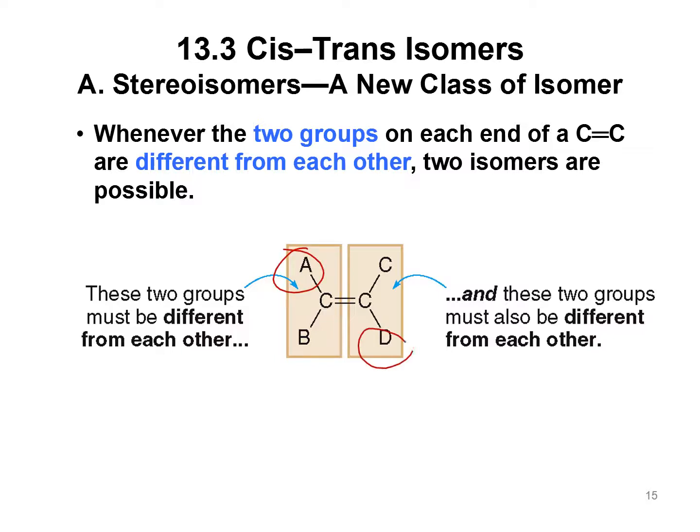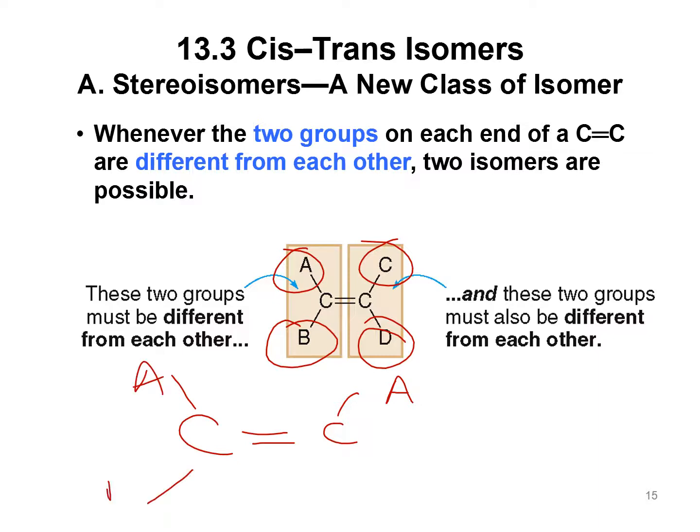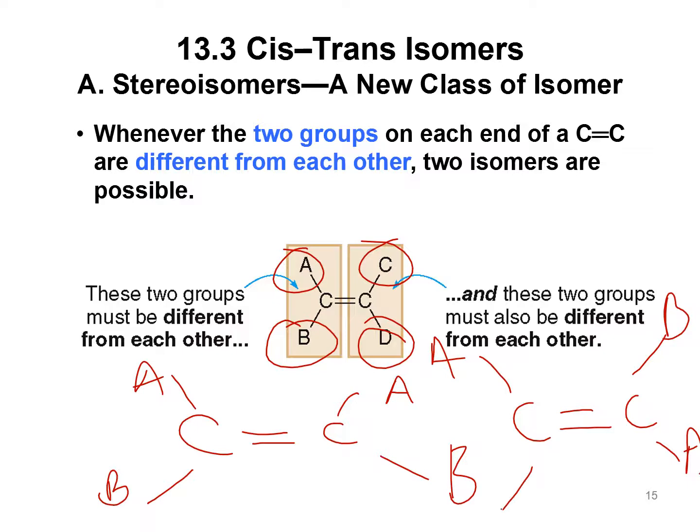You have 4 different groups here. And you can have the 2 groups on the same side. If you have the 2 groups on the same side, then it's a cis isomer. If you have the 2 groups on opposite sides, you have a trans isomer.